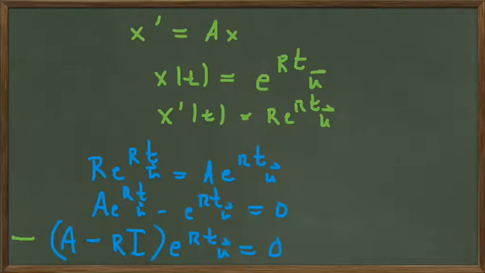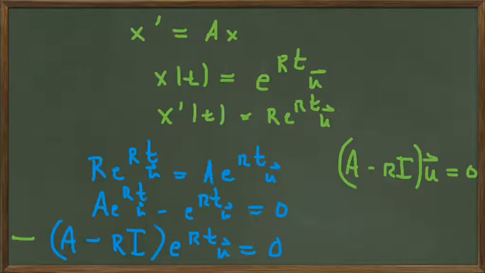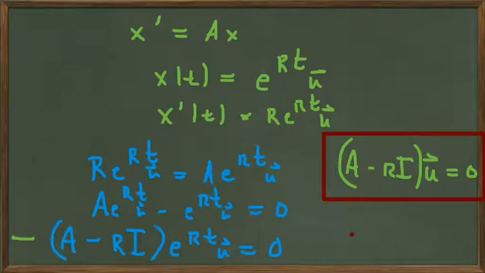So we put the vector u everywhere, but we still are dividing through by e to the rt, and when we do that, we're left with this matrix equation, A minus rI, that's the matrix, times the vector u equals 0. Well, if one studies the theory of linear algebra, it turns out that this matrix system has a solution only when the determinant of A minus rI equals 0.